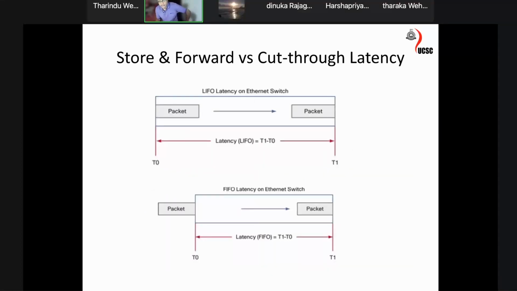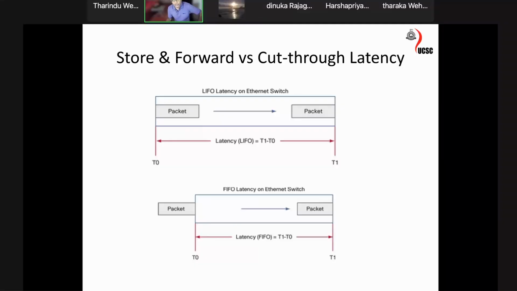All right, this is the switch selection. If you are selecting store and forward, usually the process is it's taking time, last in first out, and the bottom is first in first out. The bottom one represents the cut-through switching, which means you don't need to get your entire packet into the switch, whereas store and forward requires the entire packet to get into the switch and then sends it.